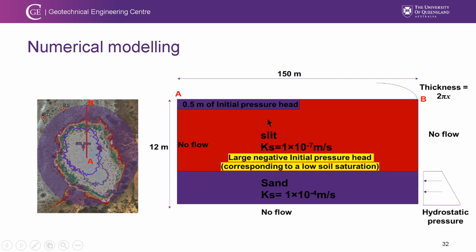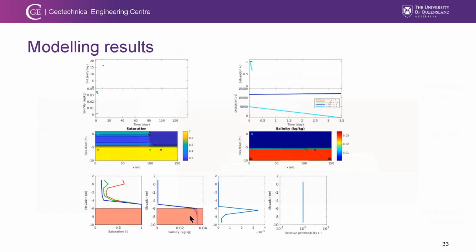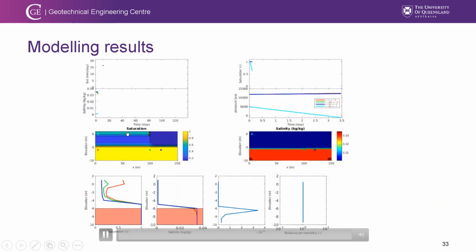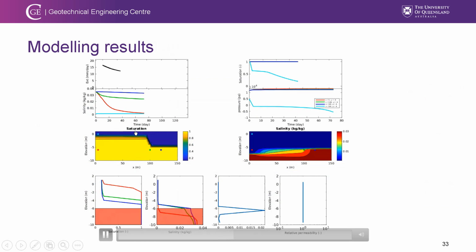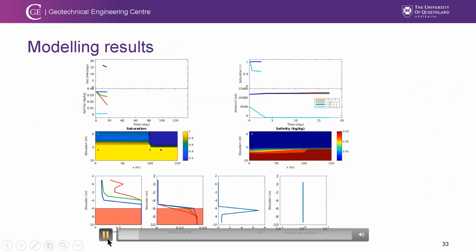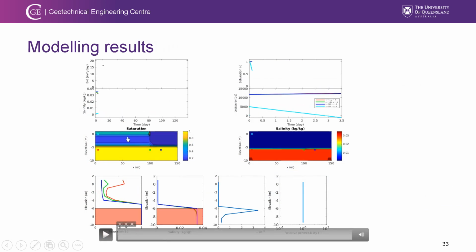So that's the settings. If we look at the result, when you look at the saturation, originally the surface saturation is relatively high, and at the very bottom there is almost no water.